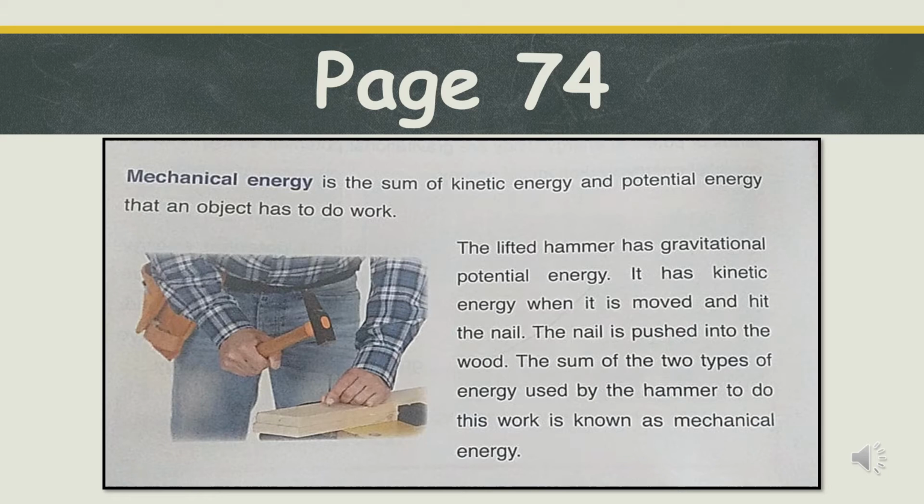The lifted hammer has gravitational potential energy, but it also has kinetic energy when it's moved and hits the nail. The nail is pushed into the wood. The sum of the two types of energy used by the hammer to do the work is known as mechanical energy. So one more time, mechanical energy is the sum of kinetic energy and potential energy.